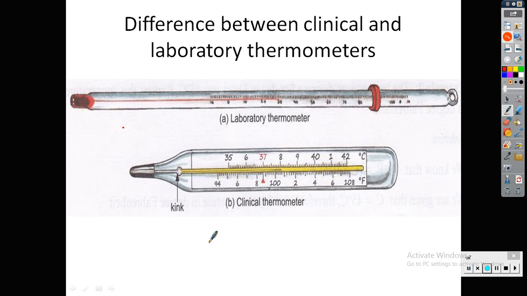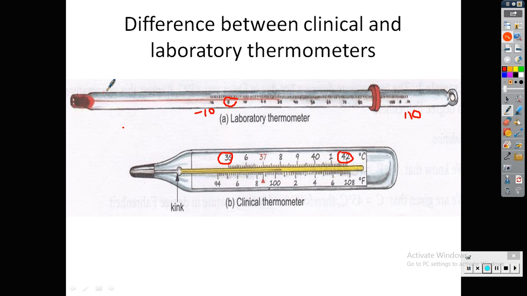So here we said the range of the clinical thermometer is from 35 to 42 degrees centigrade. But in the case of the laboratory thermometer, here it is 0 degrees centigrade, and this is minus 10 degrees centigrade. So we can measure the temperature from minus 10 degrees centigrade to 100 and then again 10, that means 110 degrees centigrade, with the help of the laboratory thermometer.